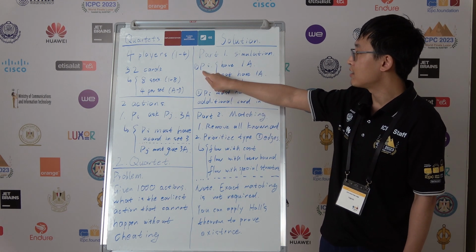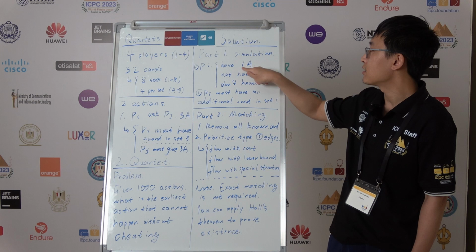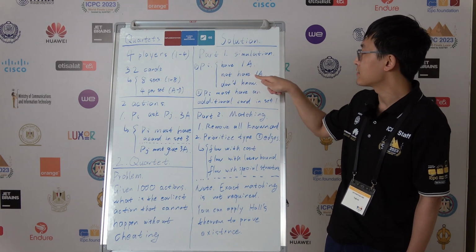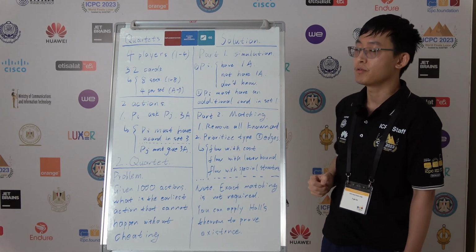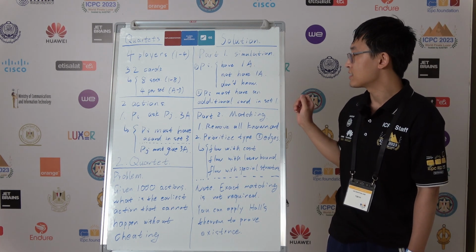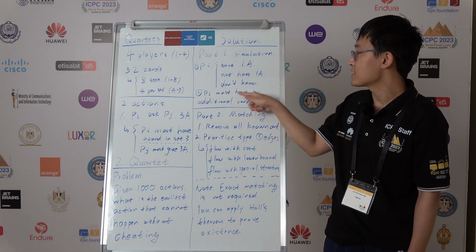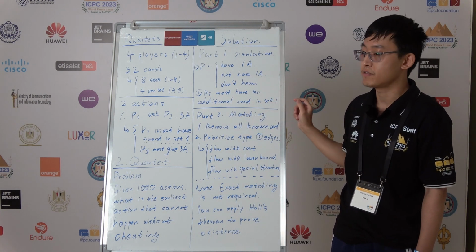So we need to keep track of, for each player I, whether this player must have card 1A, or does not have card 1A, or we don't know their relationship. This is the first part of the state. The second part of the state is that we also need to keep track of whether each player I must have an additional card in a specific set.